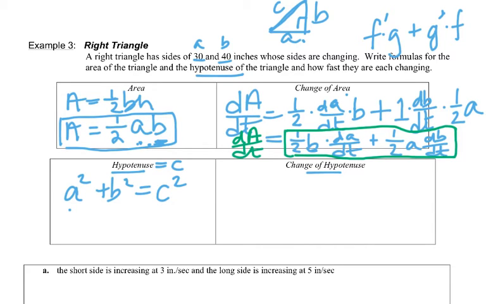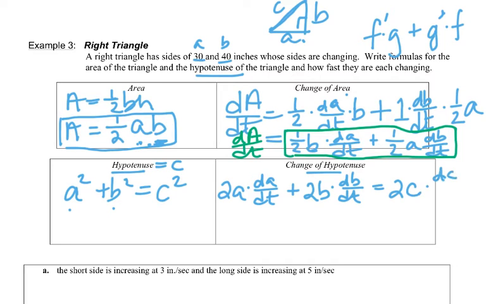So derivative of a squared over time would be 2a times dA over dt plus the derivative of b squared, so 2b times dB over dt, equals 2c times dc dt.